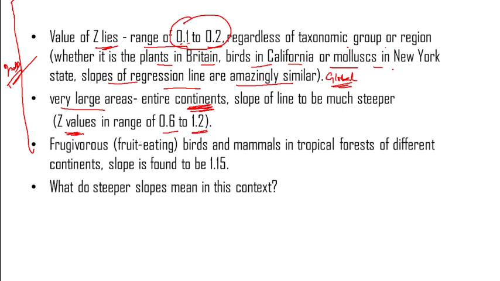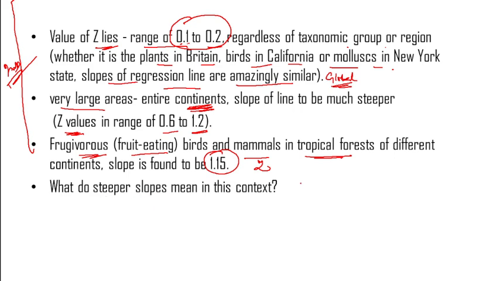The Z value lies between 0.6 to 1.2. And when we are talking about frugivorous, that means fruit eating birds or mammals in the tropical forest where biodiversity is more, we find that the regression coefficient Z is 1.15.